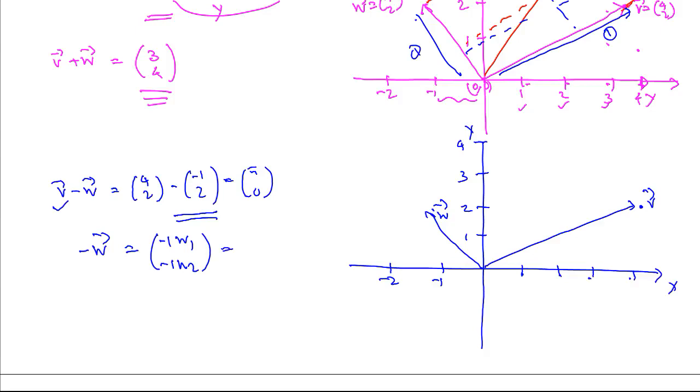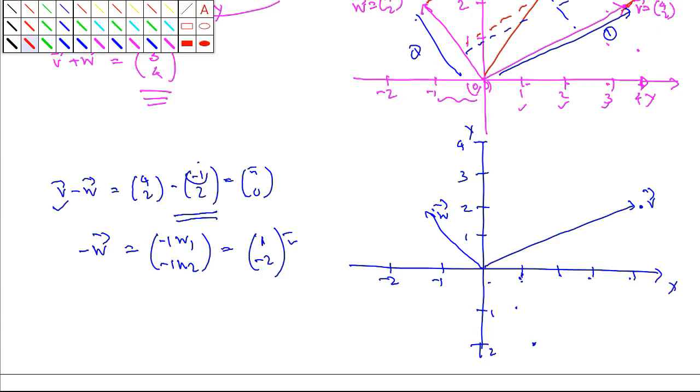W1 is minus 1, so minus 1 times minus 1 is 1, and the other one is 2, so it's minus 2. So this vector is going to be 1 and minus 2. So it's in the opposite direction. I'm going to write with red color.